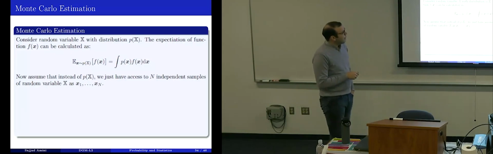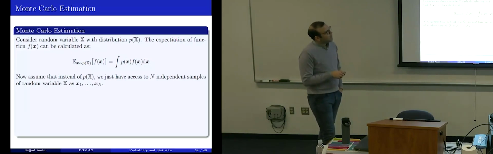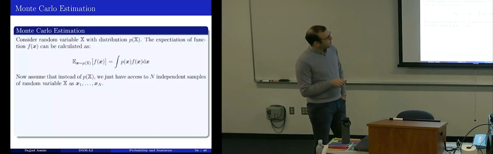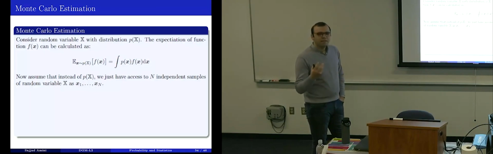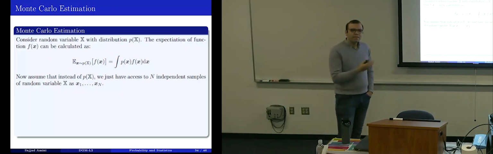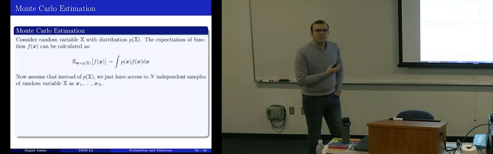So now assume that instead of p of x, you just have access to n independent samples of the random variable and call them x1 to xn. What does this case remind you of? This is the case of a data set. Instead of the true data distribution, you have some samples from the true data distribution.